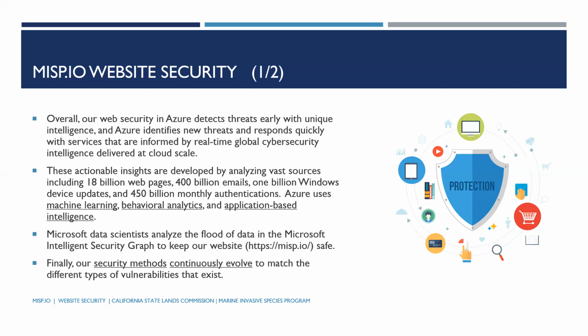Azure uses machine learning, behavior analytics, and application-based intelligence. Microsoft data scientists analyze the flow of data in the Microsoft Intelligent Security Graph to keep our websites safe. Finally, our security protocols continuously evolve to match the different types of vulnerabilities that exist.